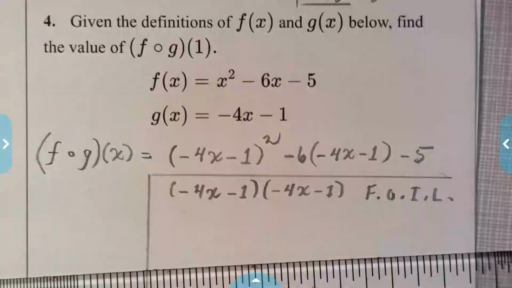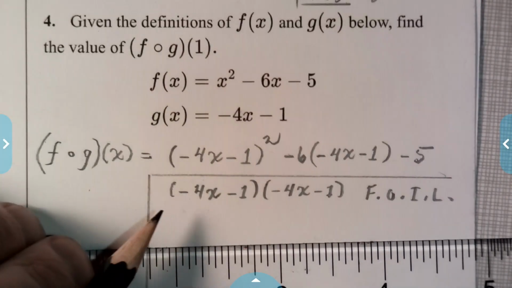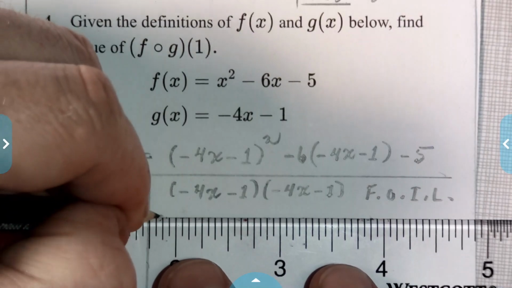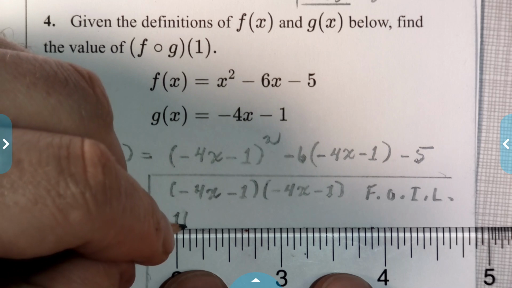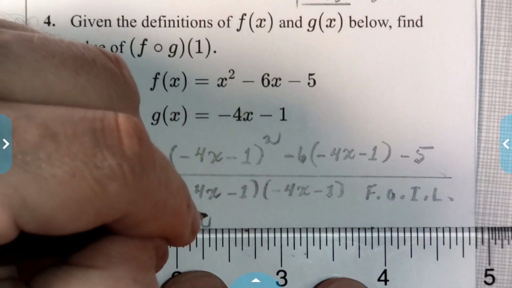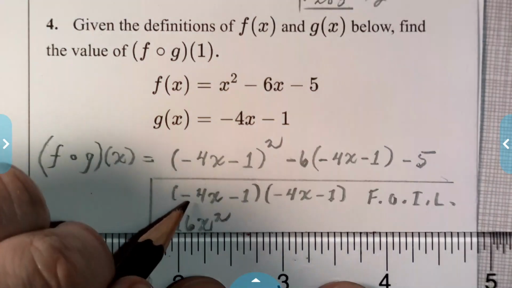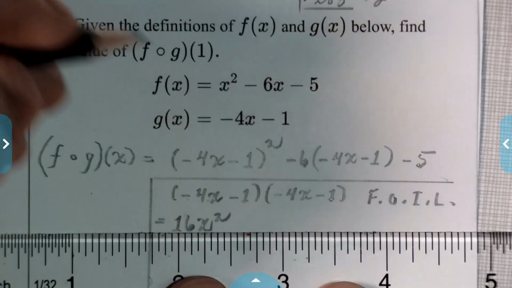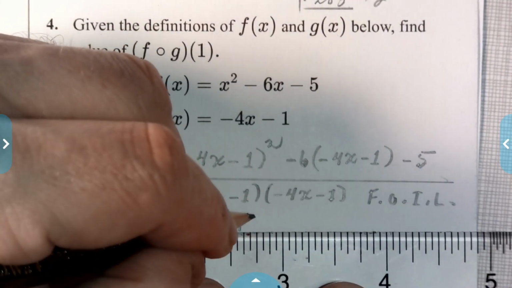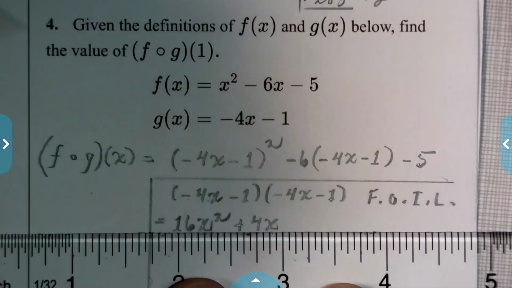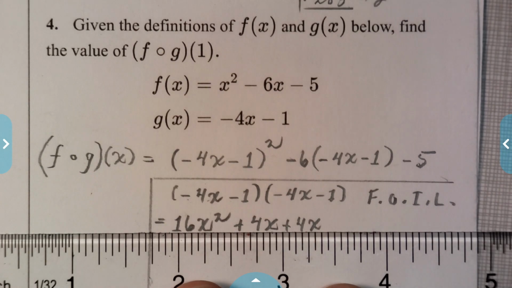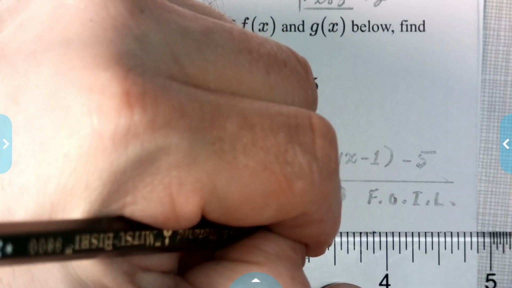F-O-I-L, FOIL. Okay, first times first, so take the numbers first. Negative 4 times negative 4, that's positive 16. And then x times x is x squared. Outer, negative 4x times negative 1 is plus 4x. Inner, negative 1 times negative 4x is plus 4x. And then last, negative 1 times negative 1 is plus 1.